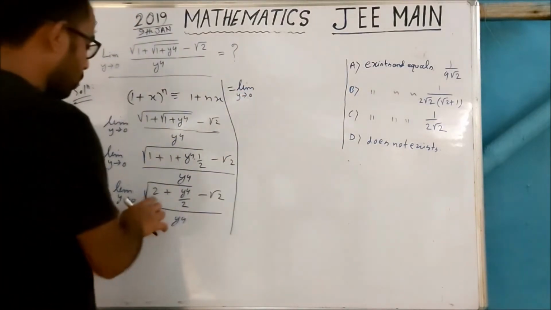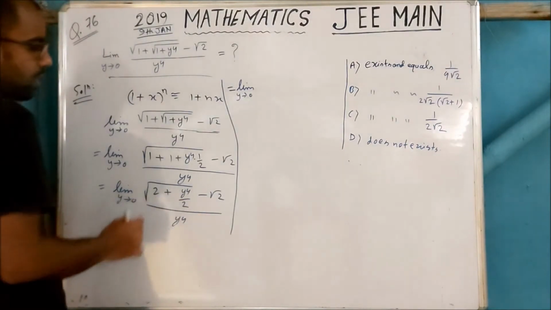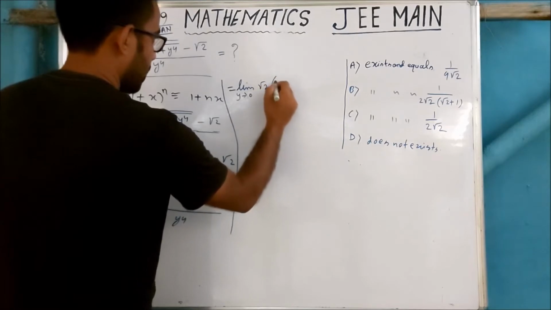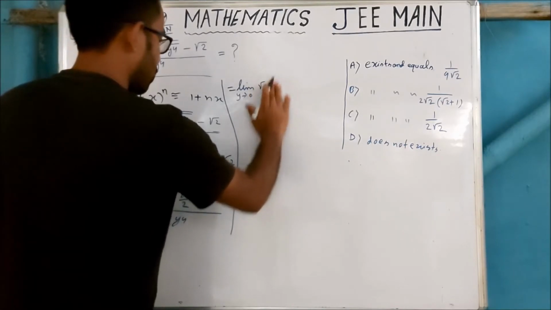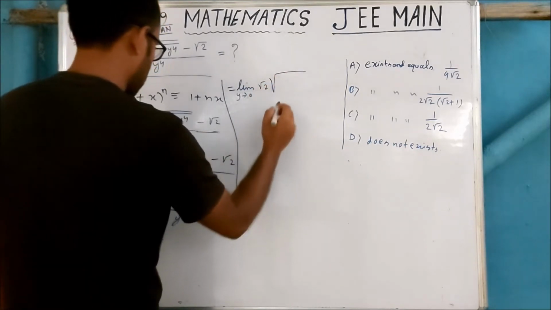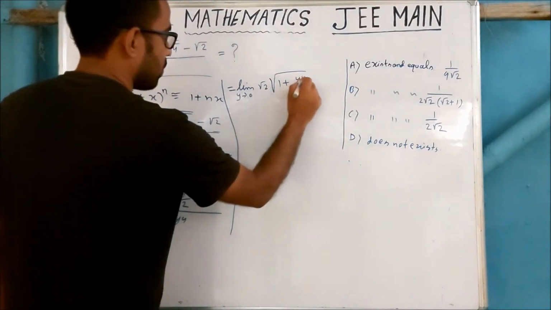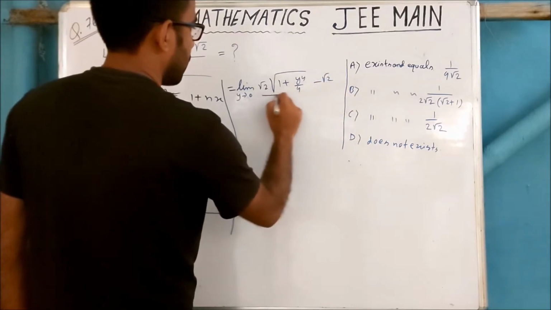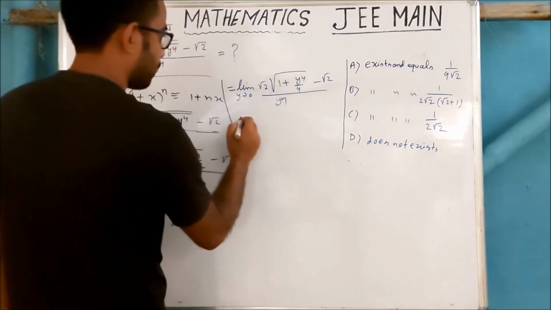We take root 2 common from this term, so root 2 into root of (1 plus y to the power 4 by 4) minus root 2, by y to the power 4.